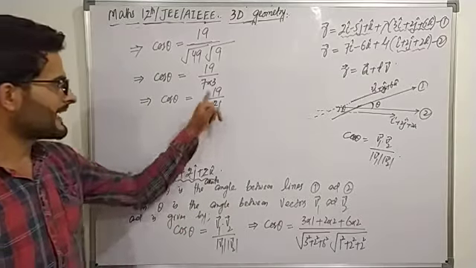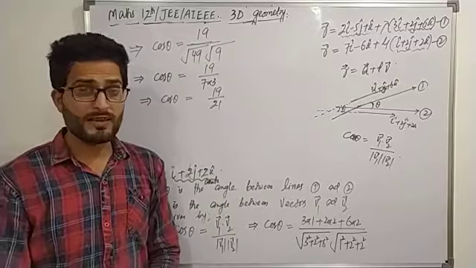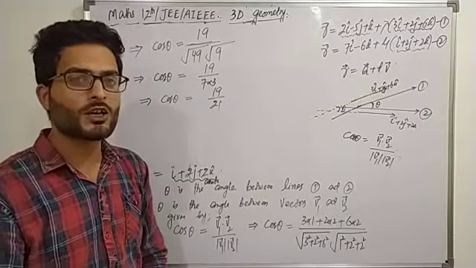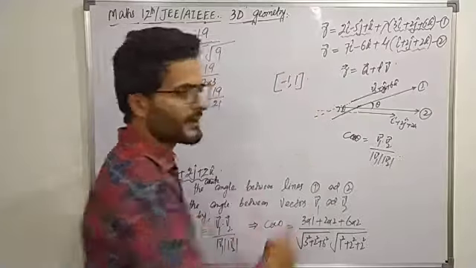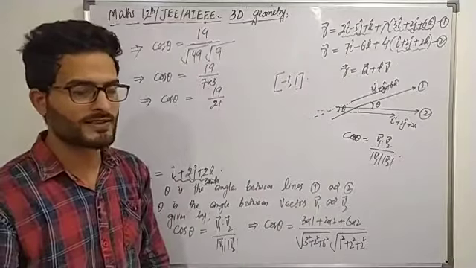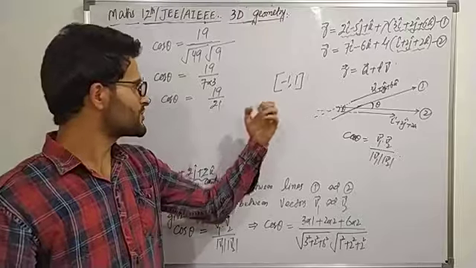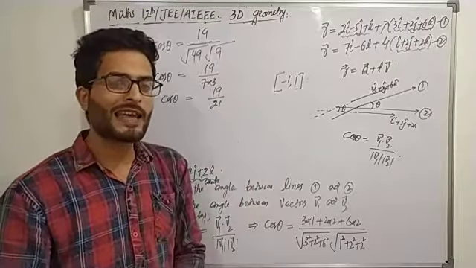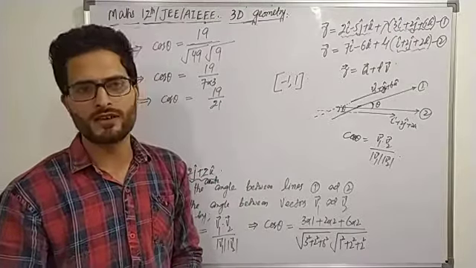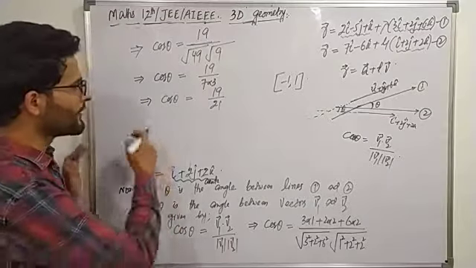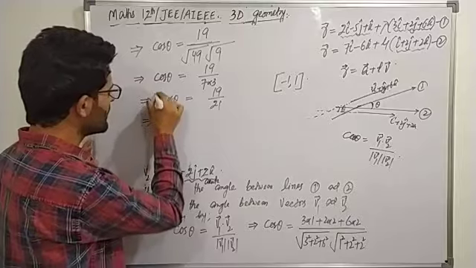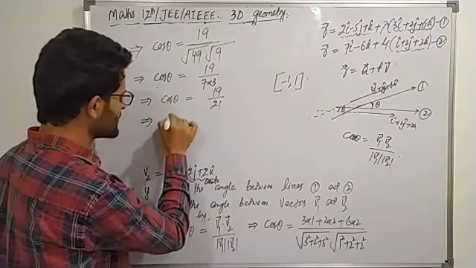Clear? So this 19 divided by 21 must be a real number which must lie in the closed interval minus 1 comma 1, and that is the domain of cos inverse. So its image definitely will lie in the range of cos inverse, meaning it will become the principal value of cos inverse, and operating cos inverse on both sides, cos inverse and cos will become the identity function, leaving theta.